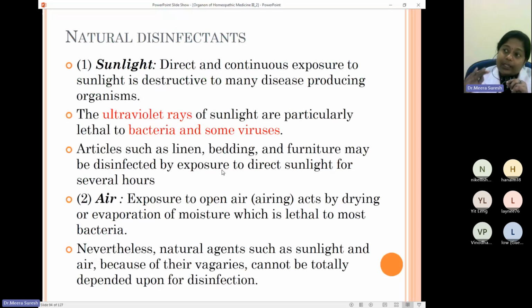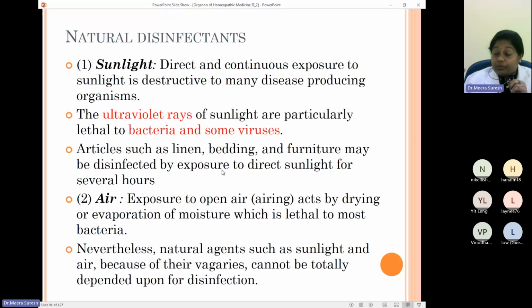For our survival, we need a minimum level of humidity. So when we are doing the aeration, even for the existence of a particular bacteria, it needs a particular level of humidity.